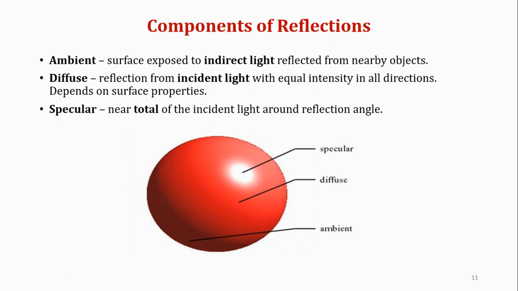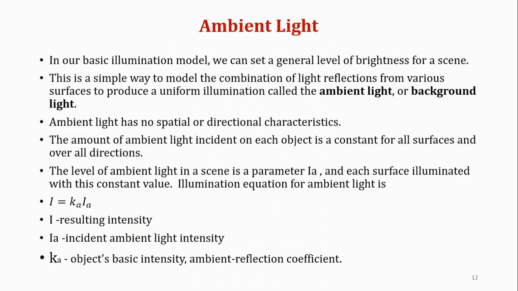Let's see what ambient light is in depth. Ambient light represents indirect illumination present throughout the scene, light reflected from walls and scattered from nearby objects. It doesn't have any specific direction, it doesn't have any position, and it has uniform intensity.